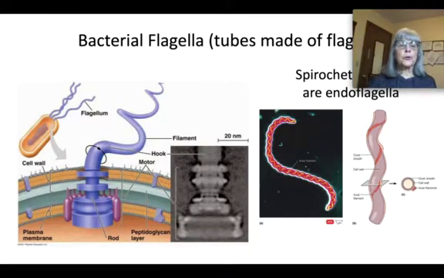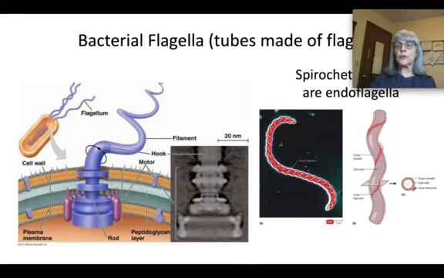How those work is that the flagellum is anchored into the cell wall and cell membrane, and what's anchored there is a type of motor. And then there are the flagella tubes that make up the flagellum, which extend from the body of the bacteria.